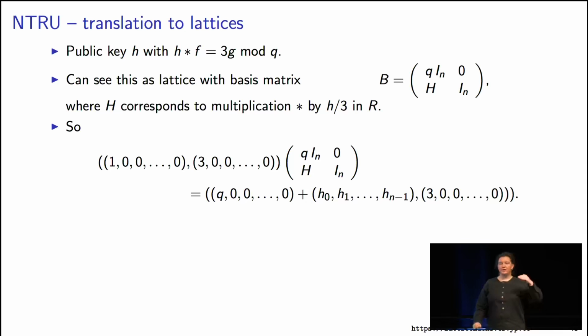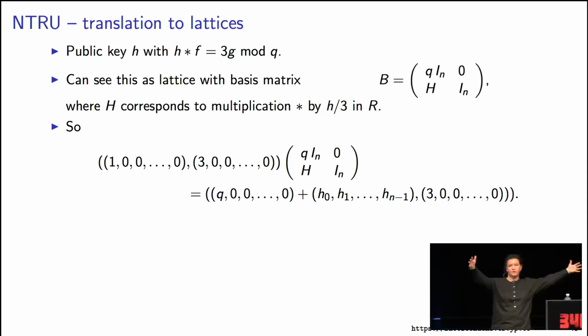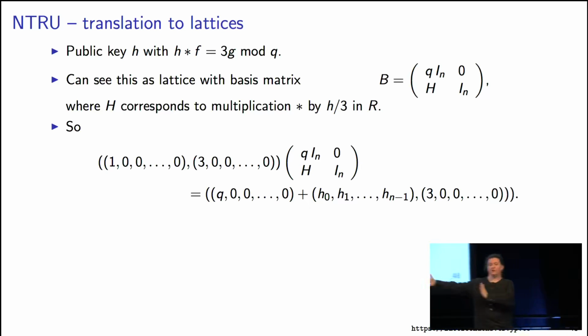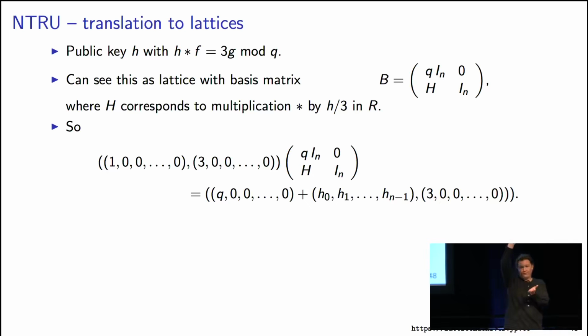So let's do an example. I have this vector of length 2n. I have a 2n by 2n matrix sitting here. And I now take the first part. Oh, that's nice. It's just the unit vector. So that will take from the top part of the matrix just the q times identity. So that just gets me a q there. The rest is zeros.